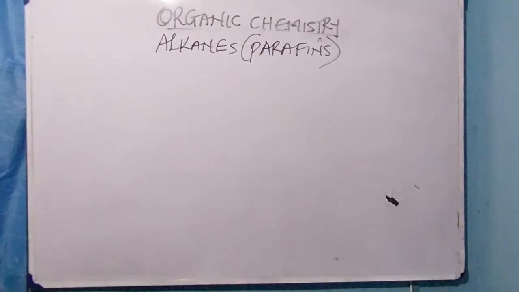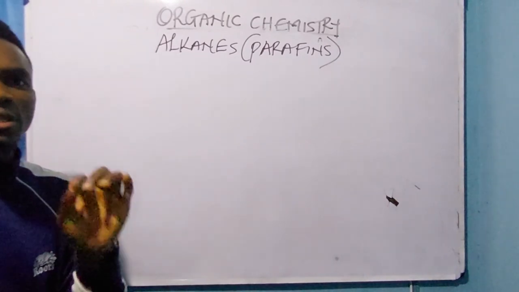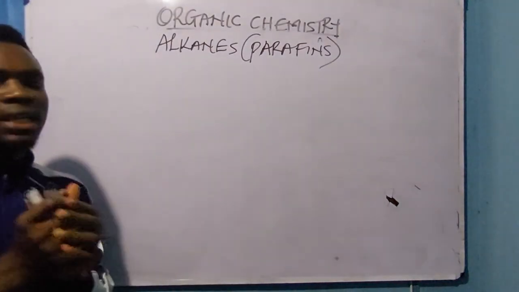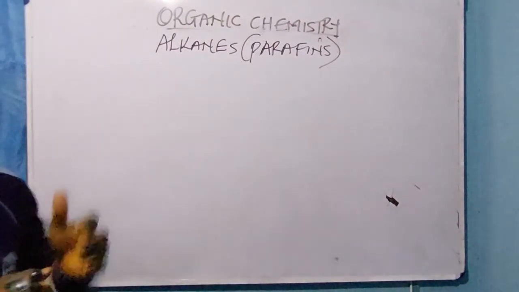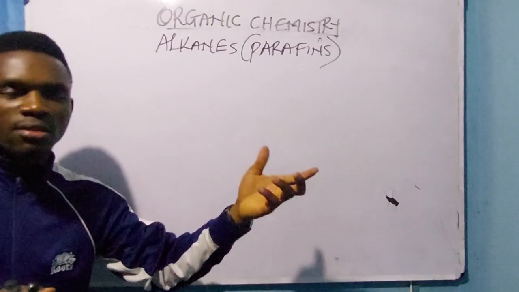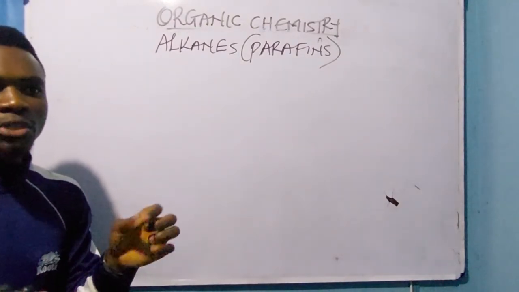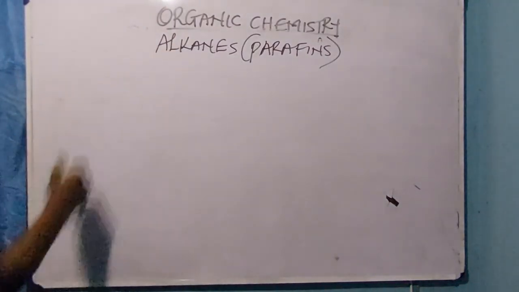Functional group. So please, the alkyl group determines the physical properties of an organic compound, while the functional group determines the chemical properties of organic compounds. Just as the electron determines the chemical properties of normal elements, then the neutron determines the physical property of an element.